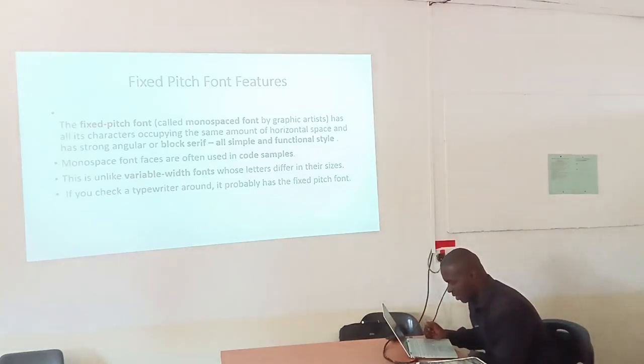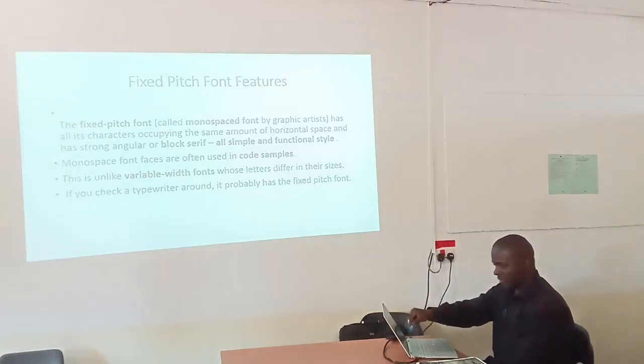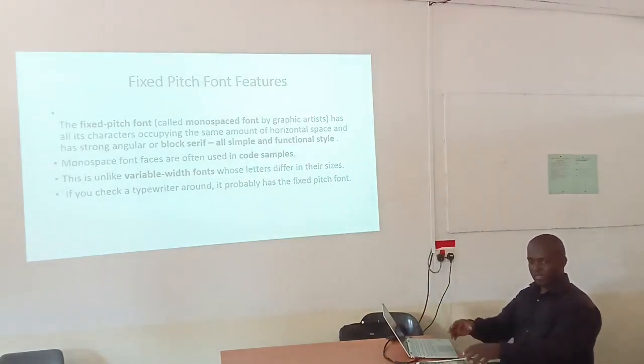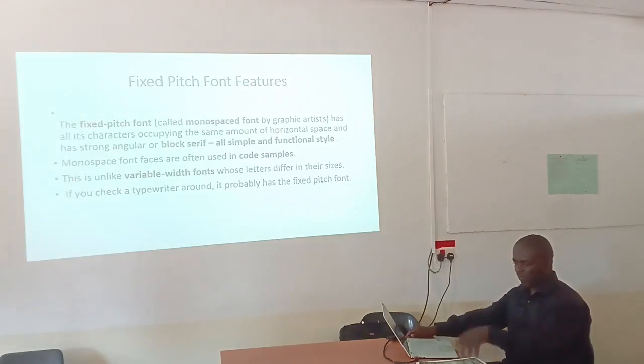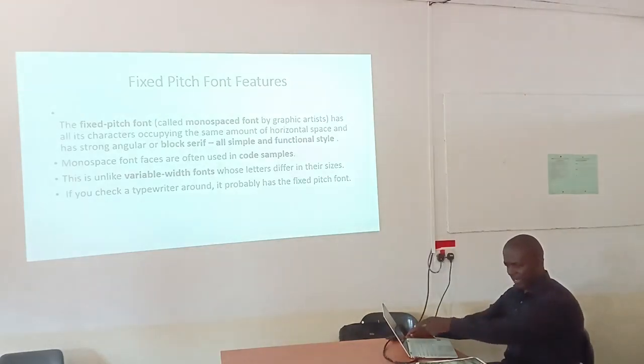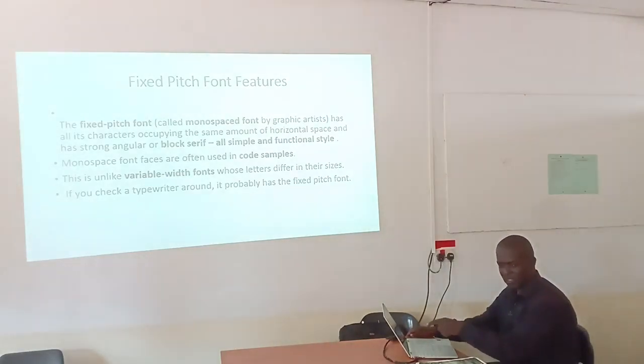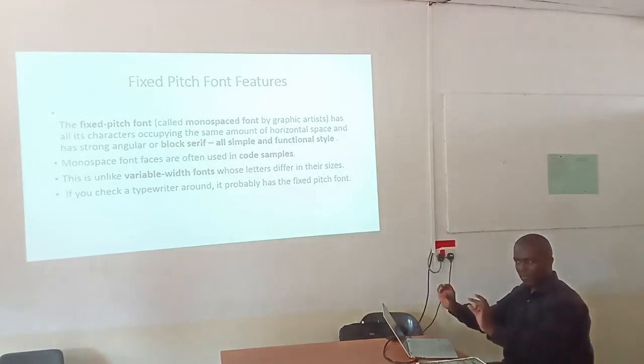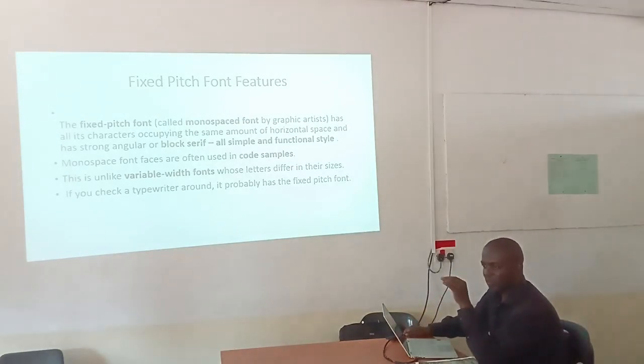How do you know these ones? If we go to where we write the document, you find some of them falling under this fixed pitch font, whereby when you apply them, you see equal spaces.